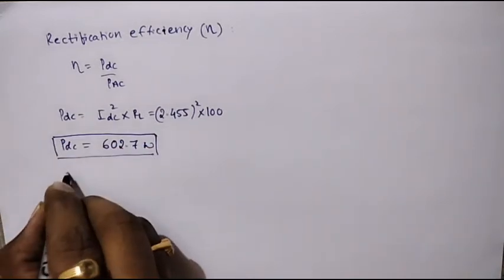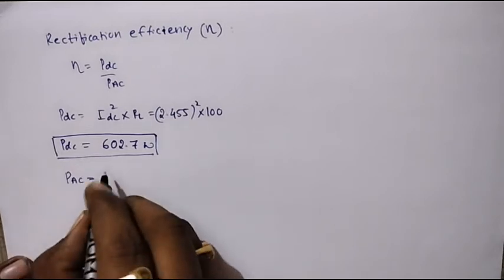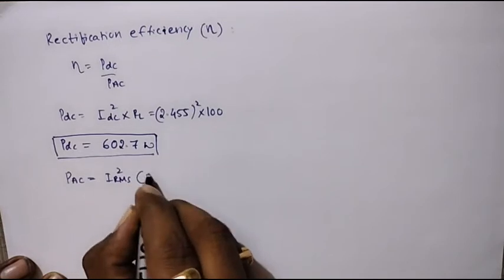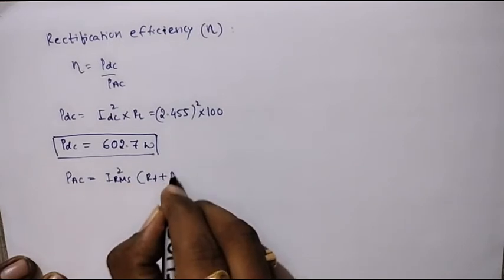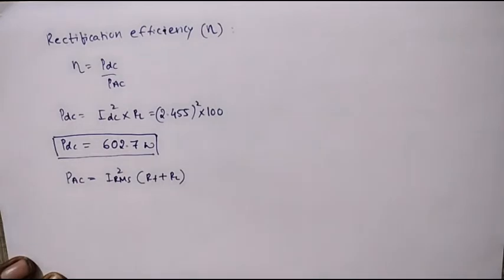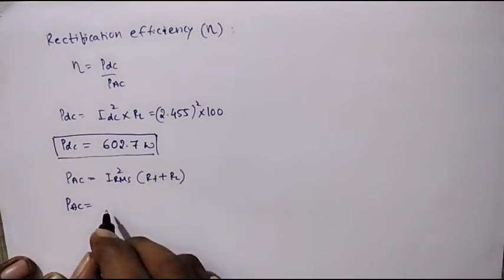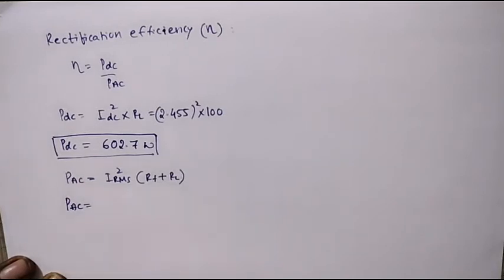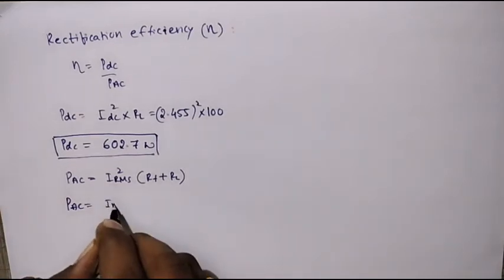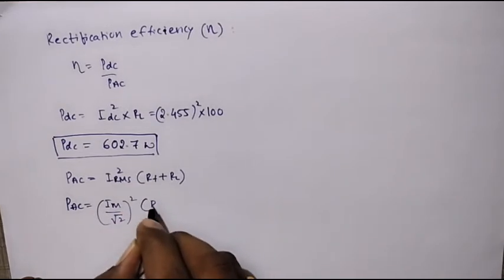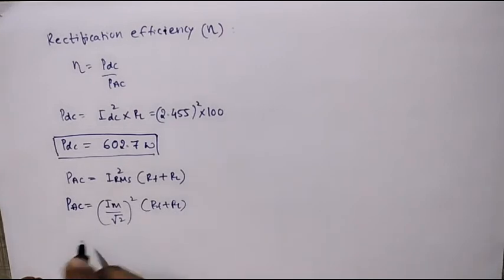Let's find the AC input power, that is PAC, which is equal to IRMS square multiplied by RF plus RL. IRMS is nothing but Im by root 2, so PAC is equal to (Im by root 2) whole square multiplied by RF plus RL.